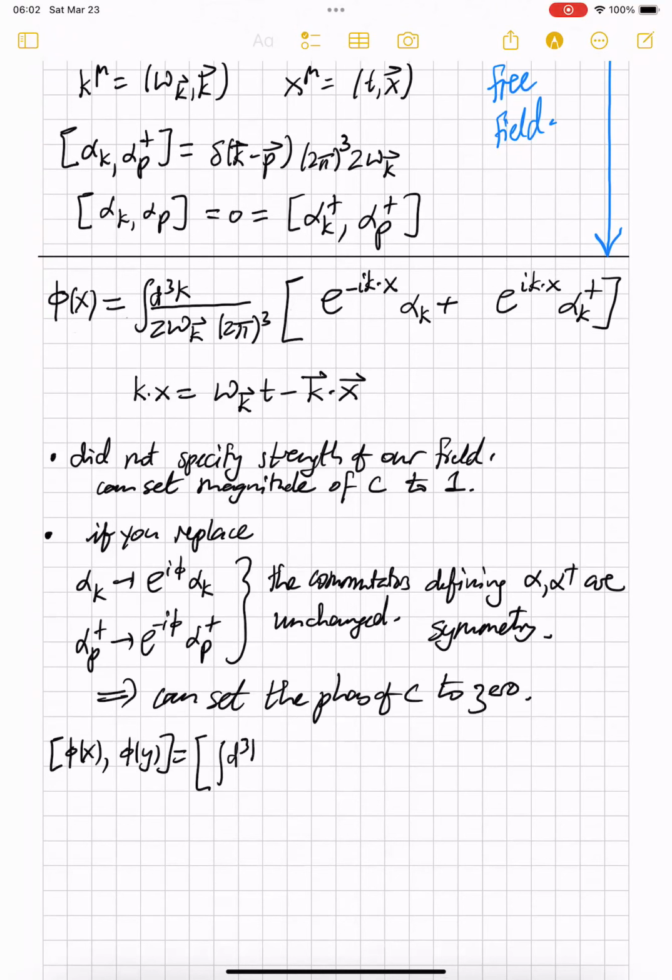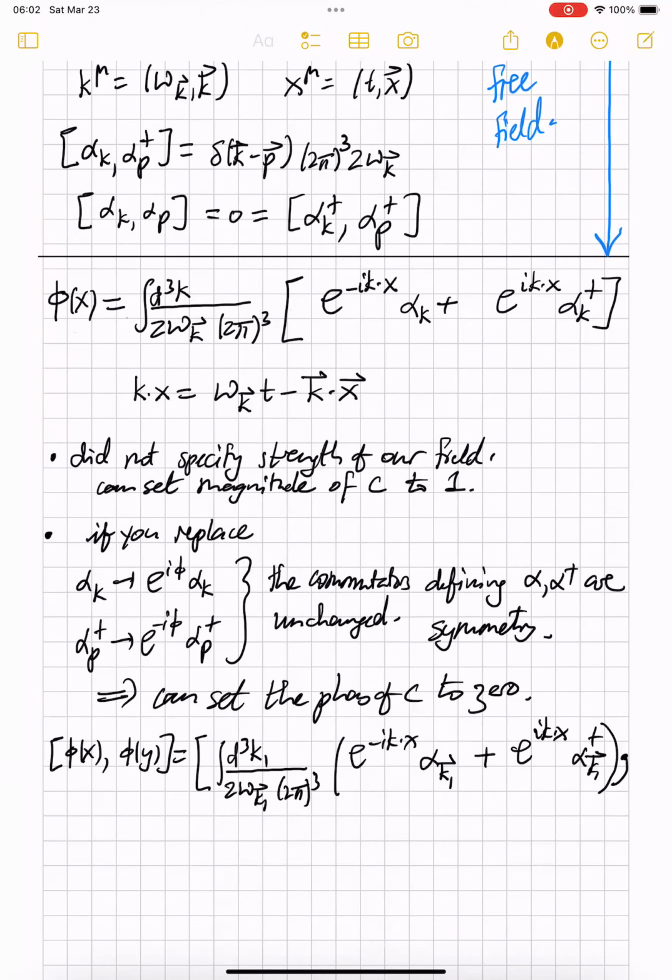This will be an integral d3 k1 over 2 omega k1, 2 pi cubed. There's the measure. Then we've got e to the minus I k dot x alpha k1 plus e to the I k dot x alpha dagger k1.